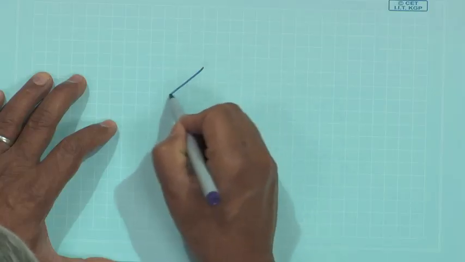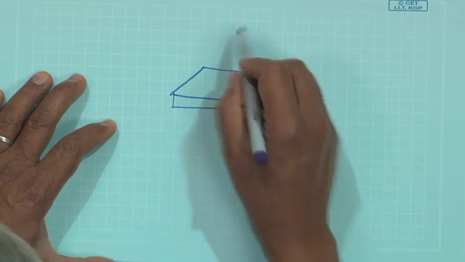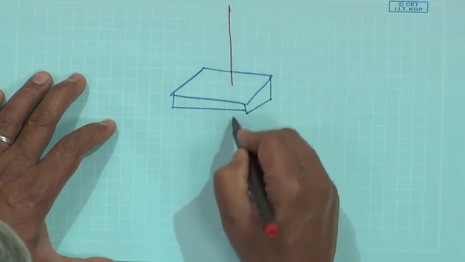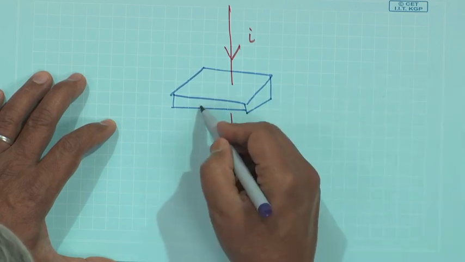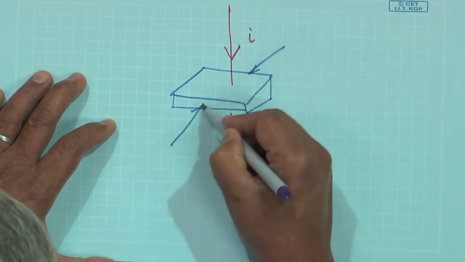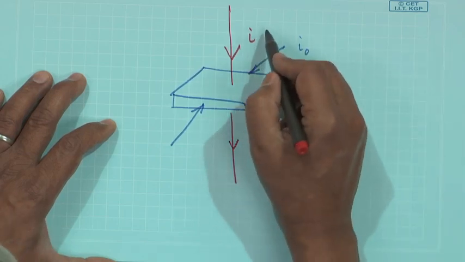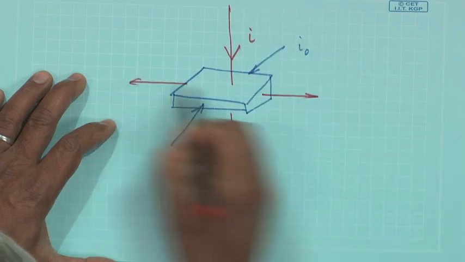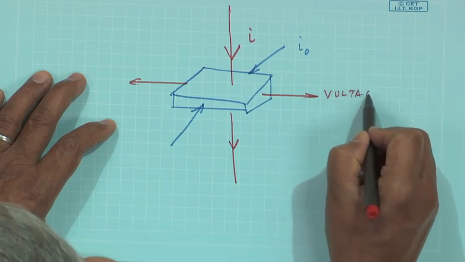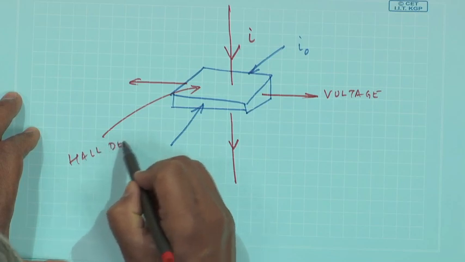Well, a Hall effect sensor is a special semiconductor device, okay, wherein if a current carrying conductor is flowing through this Hall effect sensor, if I give some current I naught, because of the magnetic field produced by this flowing current which I want to measure, I will get a voltage, and this is usually a Hall device, a semiconductor.